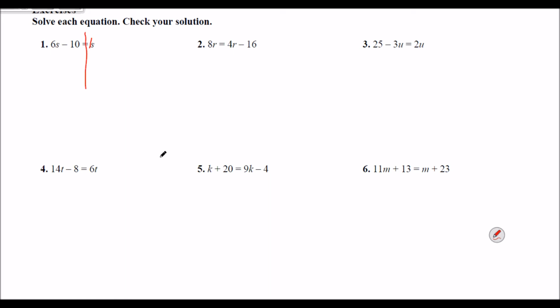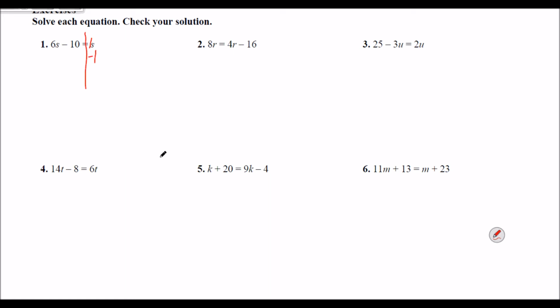Again, you know, this is when you have the choice. You could either move the 6s or you could subtract the 1s, okay? Either way, 1 is smaller than 6. However, if you get rid of the 1s, you need to be careful, okay?